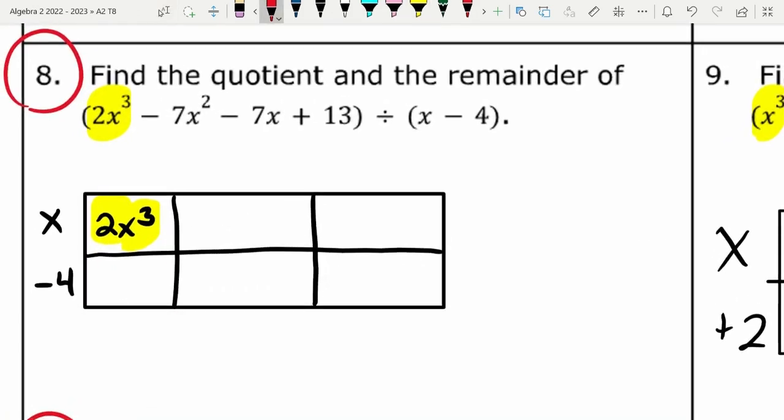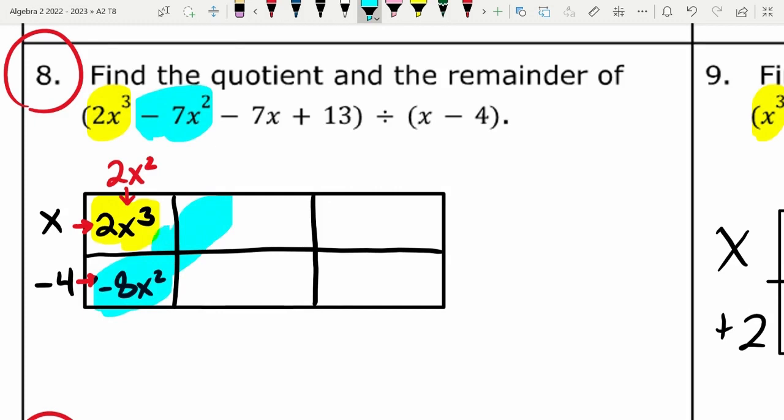Okay, once we have it here, we just have to go piece by piece like a puzzle. On top of this needs to be 2x squared in order for us to multiply to get 2x to the third. Okay, which means that this has to be negative 8x squared, because we have 2x squared times negative 4. Okay, the next thing that we can figure out is this diagonal. And what we know is that right now we have a negative 8x squared, but we need a negative 7x squared.